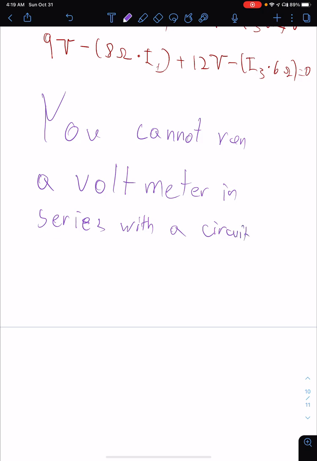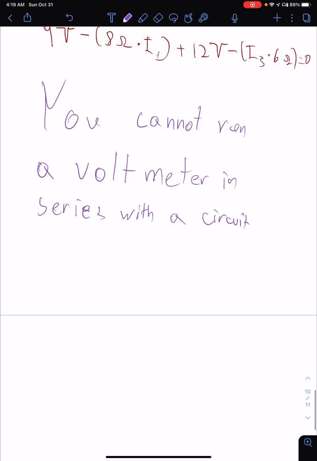And this is just the dedicated voltmeters, like the ones we used in our labs, and thus for our intended purposes here. You cannot run a voltmeter in series with a circuit, because voltmeters technically have infinite resistance, or really, really high resistance.